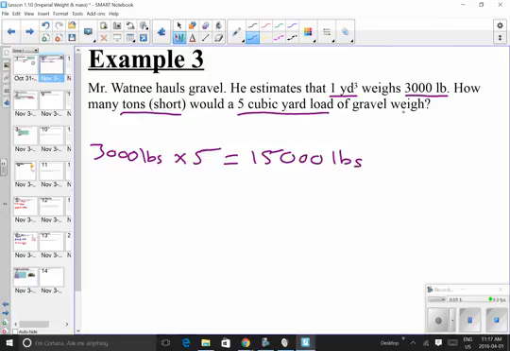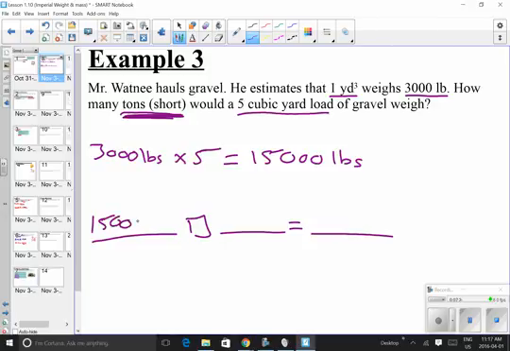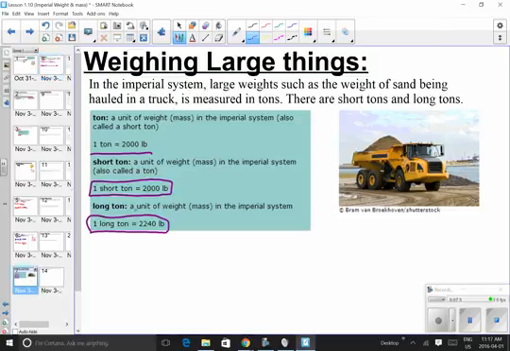But now I want it in short tons. So I'm going to convert that into tons. So I'm starting with 15,000 pounds, and I'm changing it into tons. And the short ton, if we look back, was 2,000 pounds.